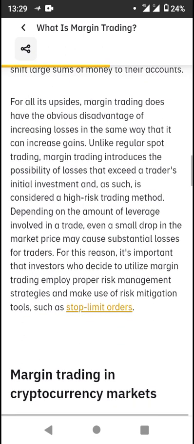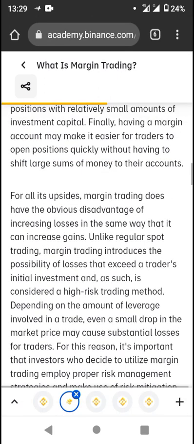Depending on the amount of leverage used by a crypto margin trader, even a small drop in the market price may cause substantial losses. For this reason, it is important that investors who decide to utilize margin trading employ proper risk management strategies and make use of risk mitigation tools such as stop limit orders.